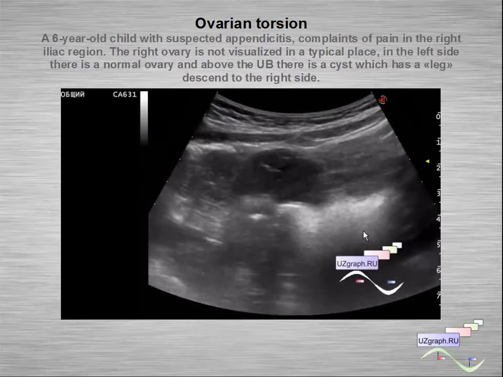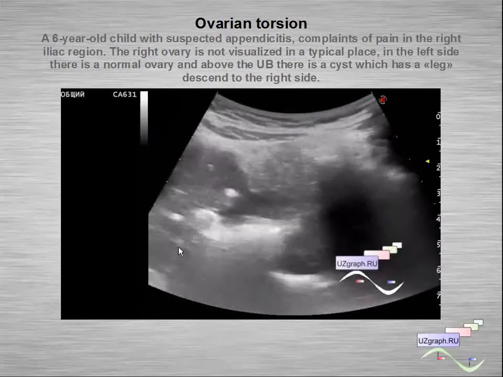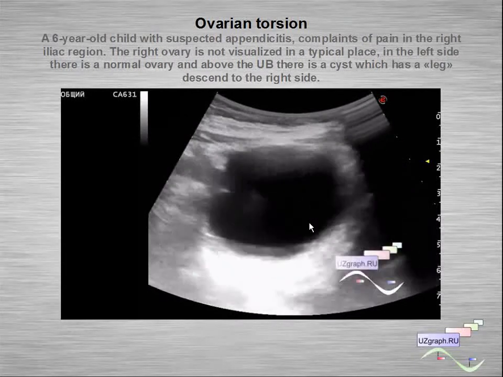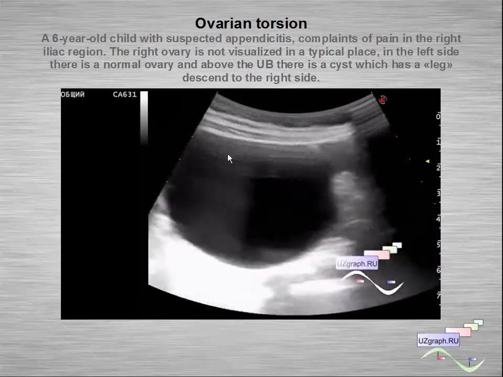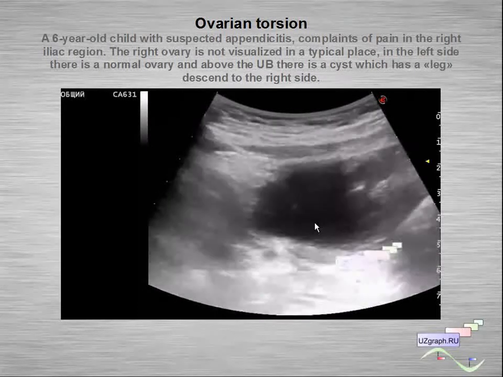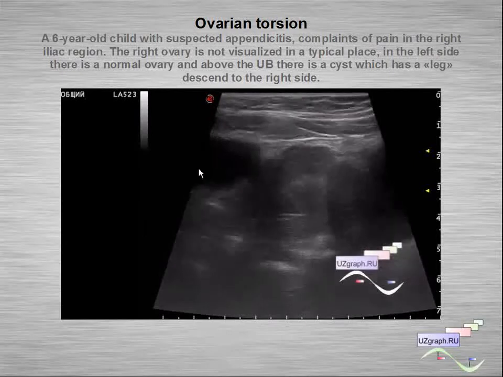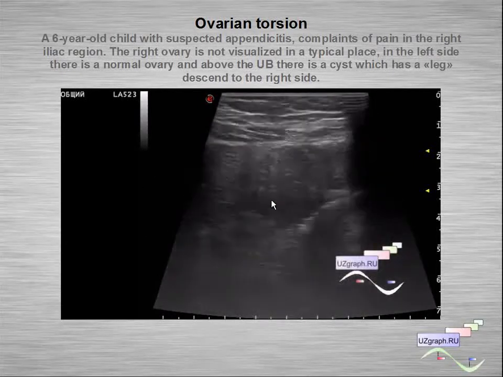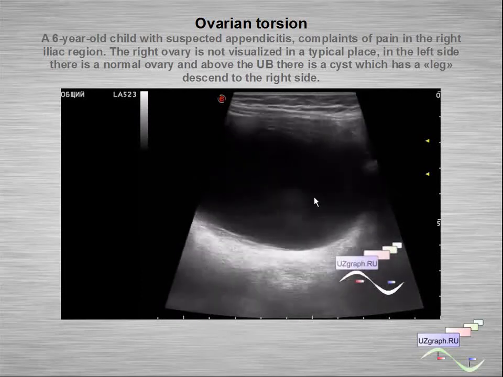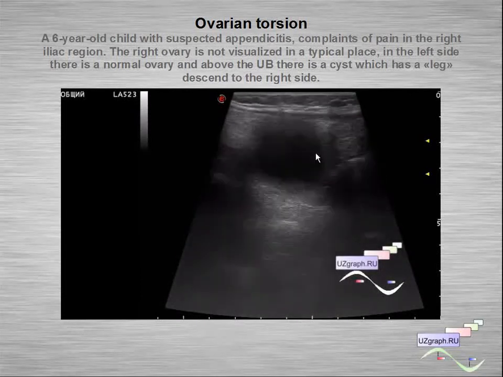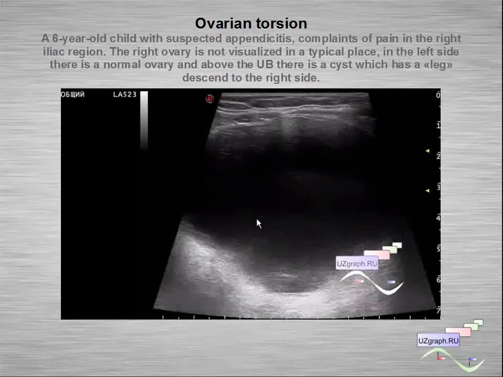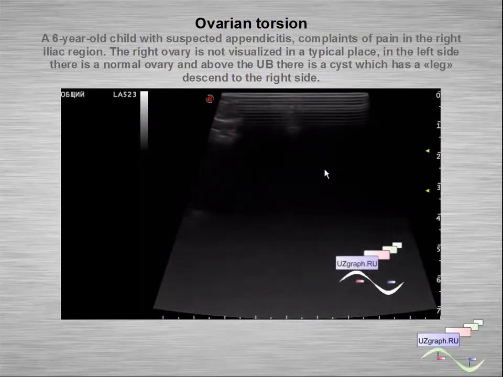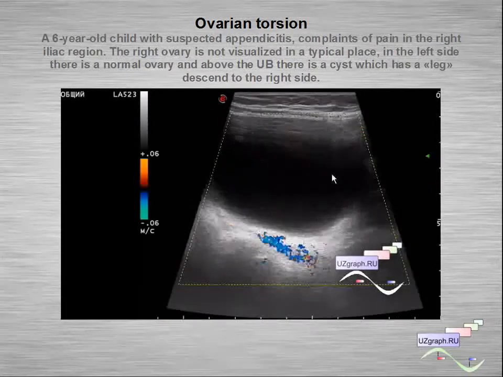We can see the right ovary, but we can see a big cystic structure above the bladder, and this cystic structure has a leg that descends to the right side. So this is the right ovary, torsion of the right ovary.